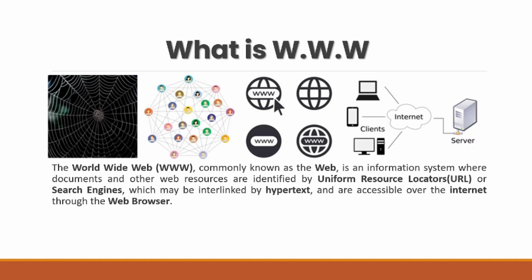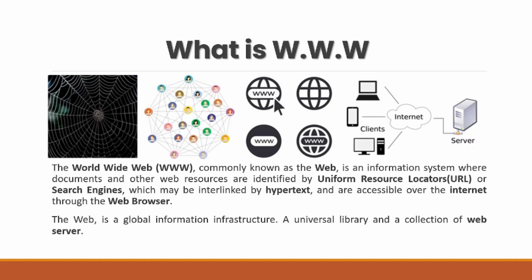But let's put it in simple terms. Let's simplify it. The web is a global information infrastructure. Let's take it from there. What's a global information infrastructure? That's the web serving as an infrastructure made to share information globally.